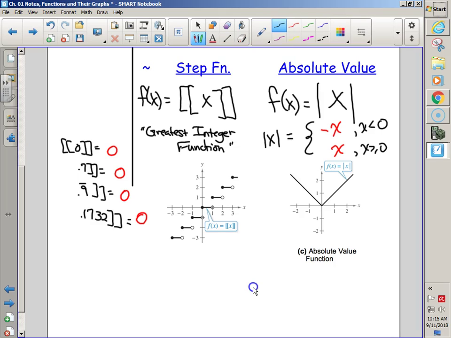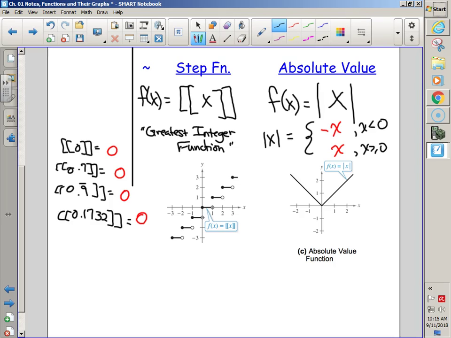Maybe your middle school teacher didn't make you do this, did they? 0.7? 0.99999? Did they not make you do that? 0.1732? What's the greatest whole number, positive or negative, in each of these values? 0. What's the greatest integer in each of these values? 0.